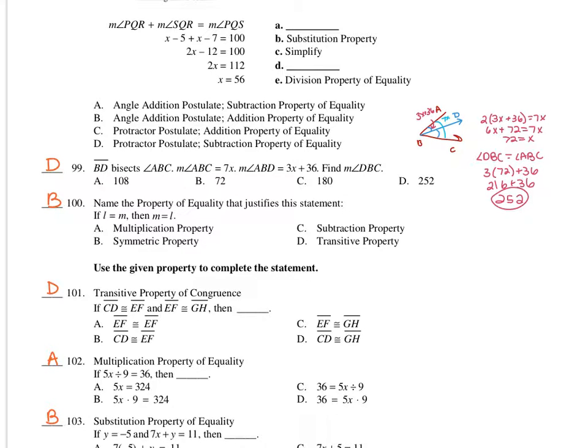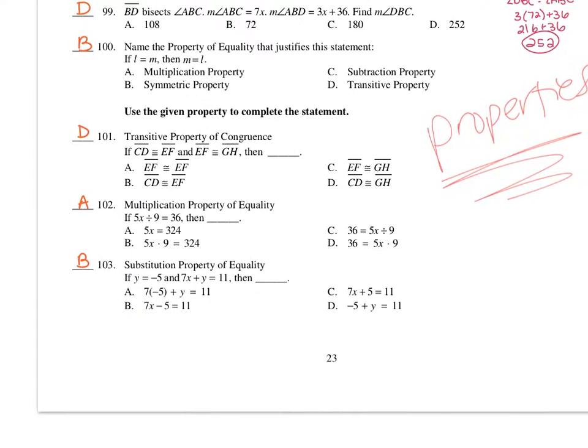100, name the property of equality. So if L equals M, then M equals L. That's symmetric. So you definitely want to review all your algebraic properties, which again are in a Quizlet for that chapter. Transitive, if CD equals EF and EF equals GH, then CD equals GH.